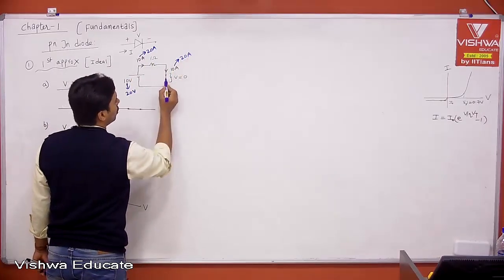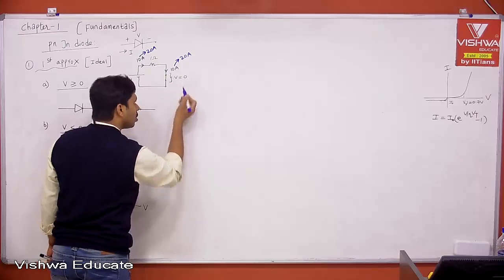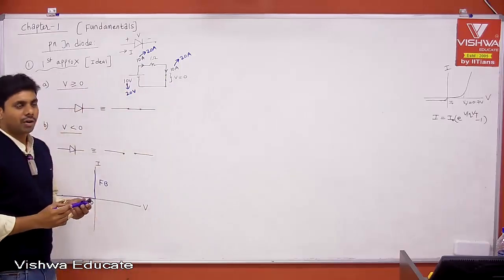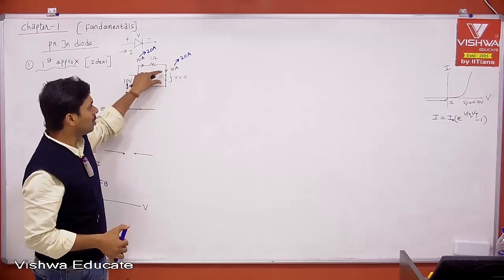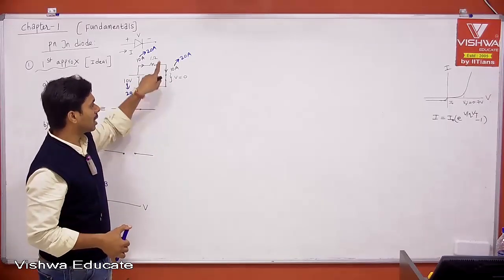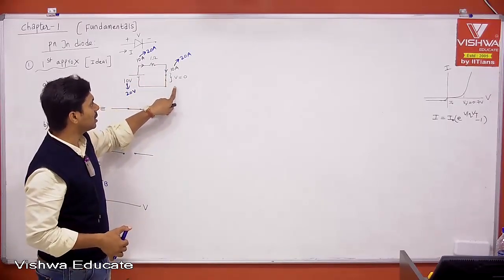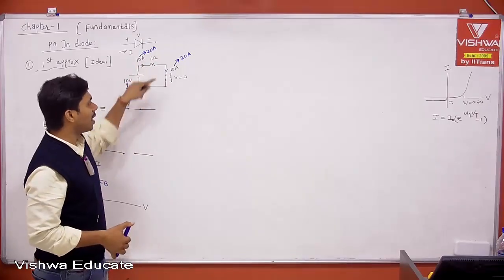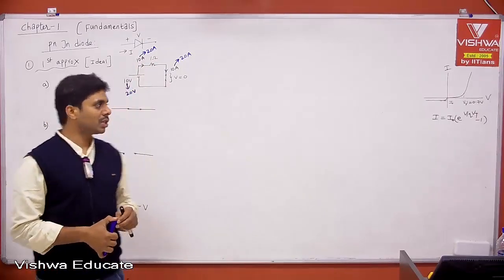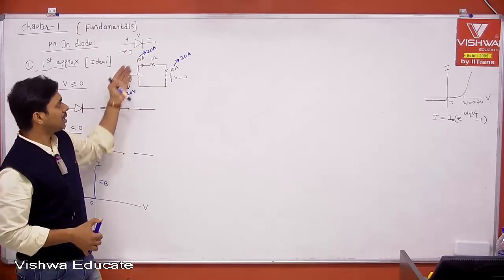But still, what is the voltage drop across the short circuit? 0 only. Even though it is acting as a short circuit with 0 voltage across it, the current flowing through it depends on the circuitry where that short circuit is defined.